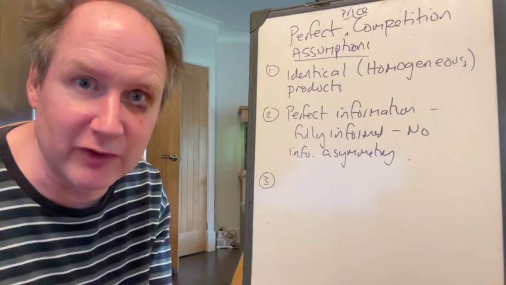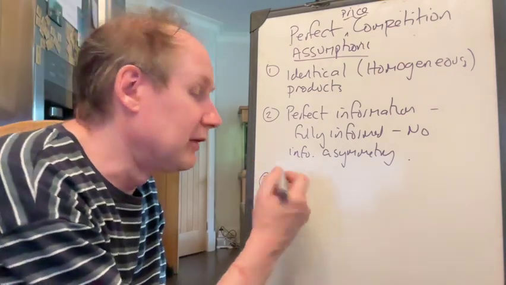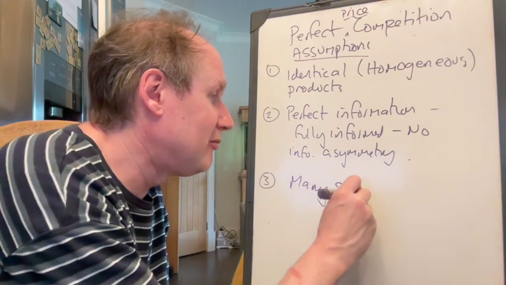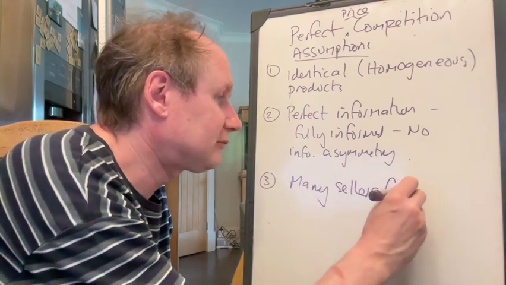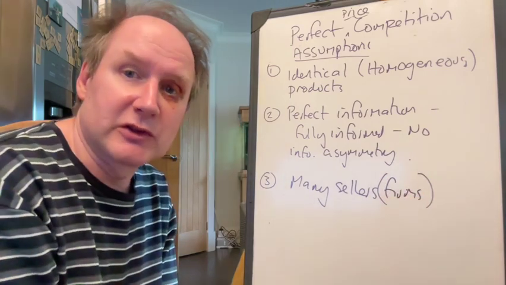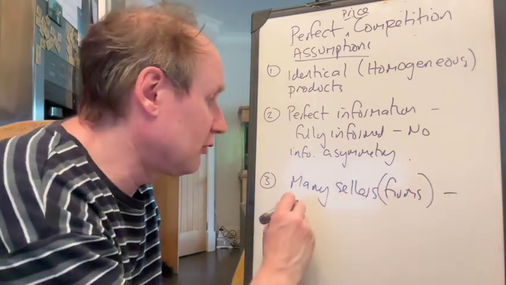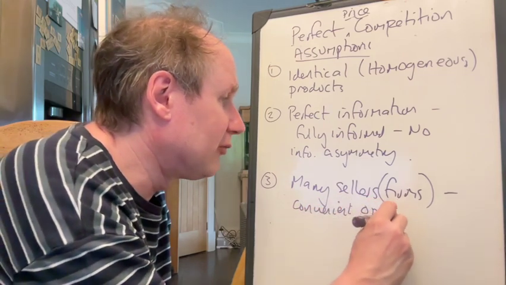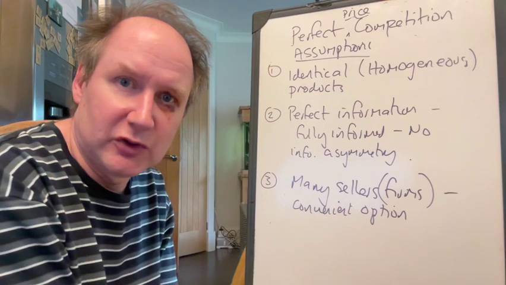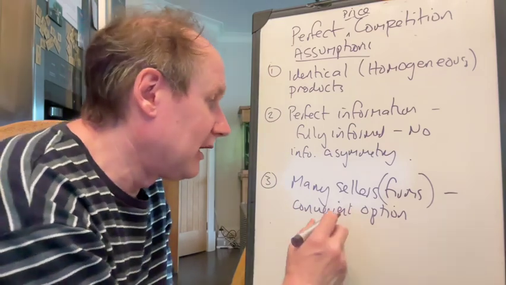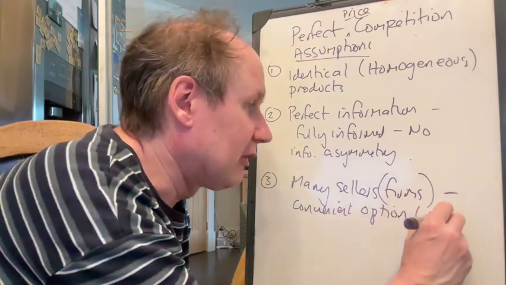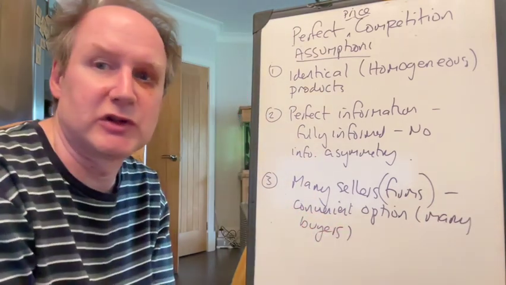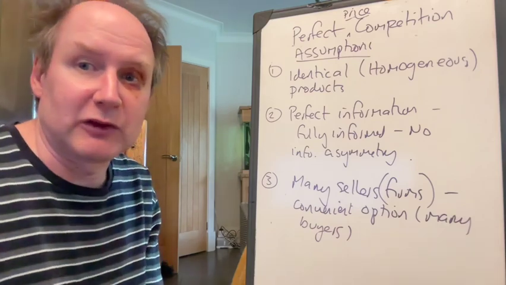There's got to be loads of availability, and that's why a third assumption is that there are many sellers. There are many firms in the market, so that there's always a convenient option. I'm not going to buy a more expensive one just because it's nearby. And also we assume that there are many buyers. So we create a big competitive market. There's lots of consumers as well.